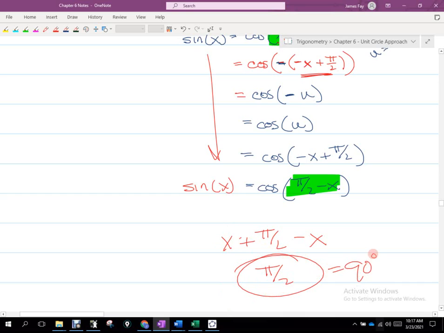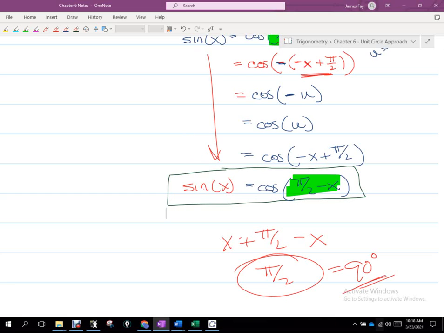Pi over 2, same thing as 90 degrees. Now do we see the co-function relationship between those arguments? Okay. So that's the way a lot of textbooks are going to present to you the relationship between sine and cosine as horizontal shifts of one another.